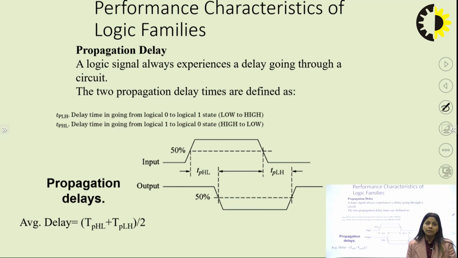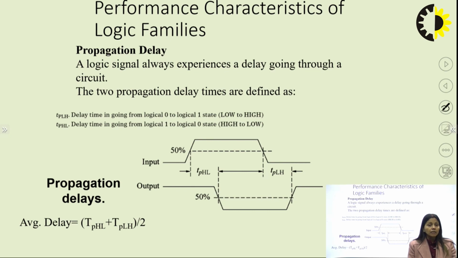There must be some delay for getting the output from the input terminals according to the gate function, right? The two propagation delay times are defined as low to high and high to low. See, whenever there is a switching from 0 state to 1 state, there will be a delay time, and from high to low there will also be a delay time.